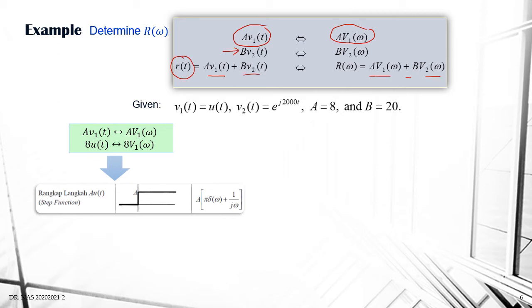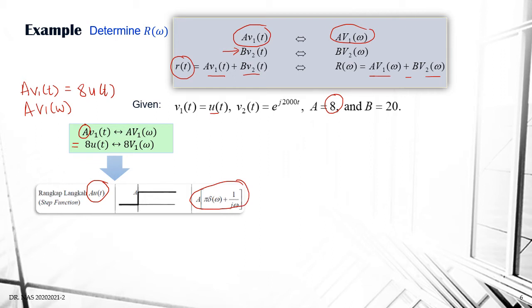In this case, given V1(t) equal to u(t), so A V1(t) equals 8u(t). So A in this case is 8. Find A V1(ω). Refer to the table. When you have a signal with the unit step function, it will produce this in the frequency domain.